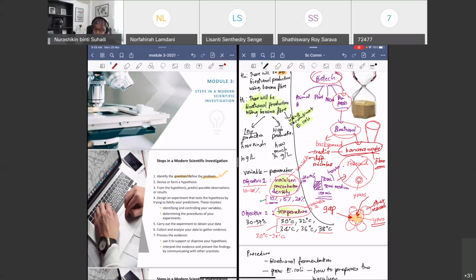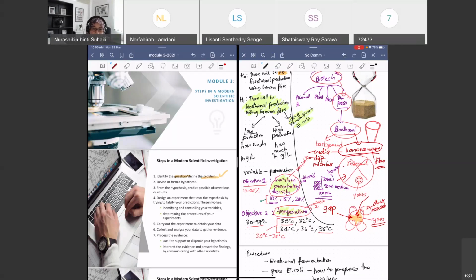I hope that you can relate this with the article later. Basically that's what the task is all about. Please use the time this week. It's not really much because you do it in a group and you just read the article.